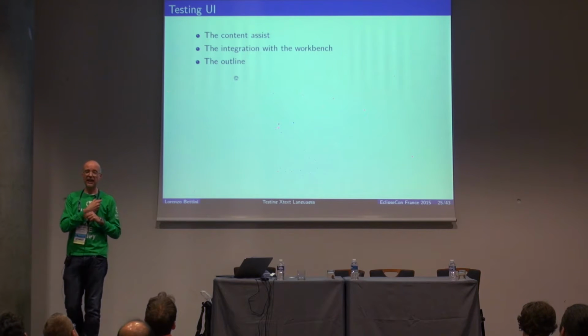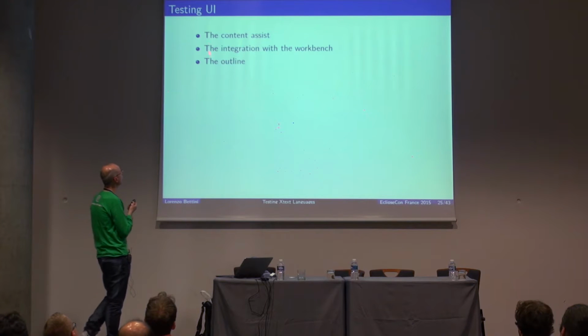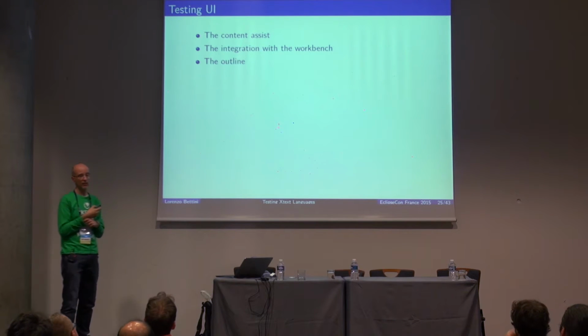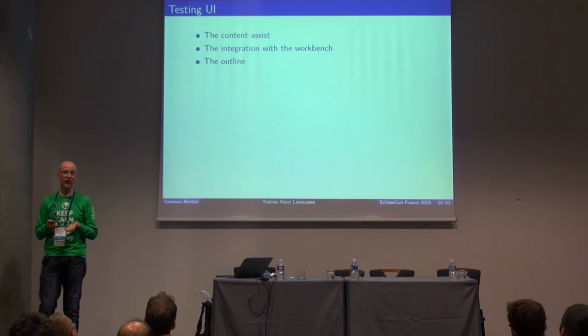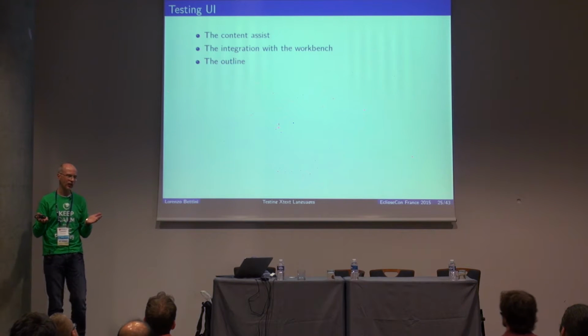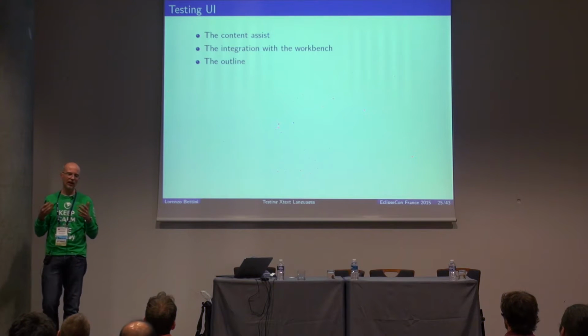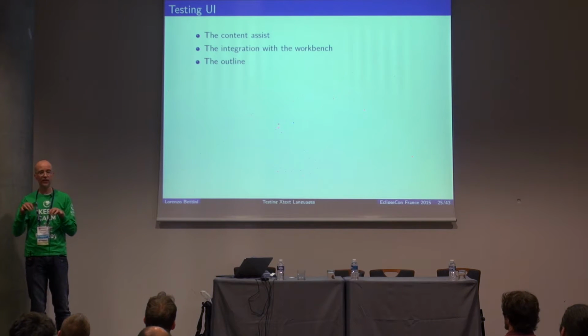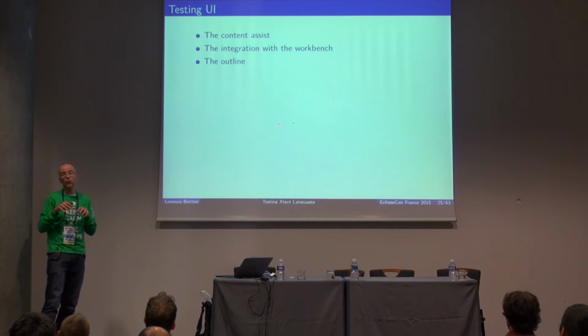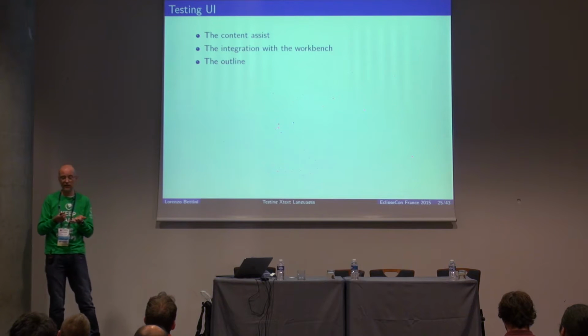But we can also test UI components, okay? I think one of the most important components to test is content assist. I mean, if you're using Xtext, it's because you like to have a nice Eclipse editor. And you also like the fact that you get content assist for free. But you want to make sure that the content assist behaves correctly, okay?